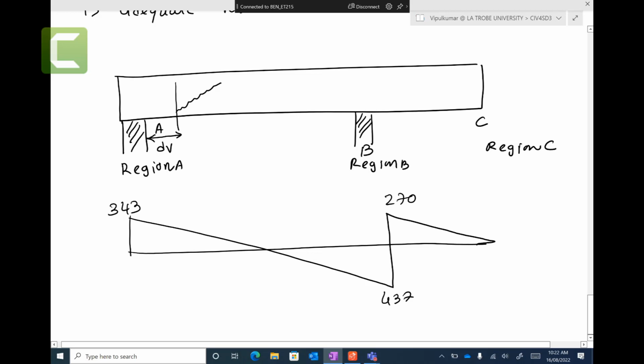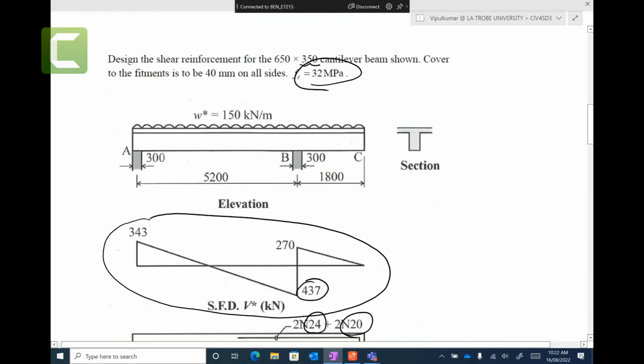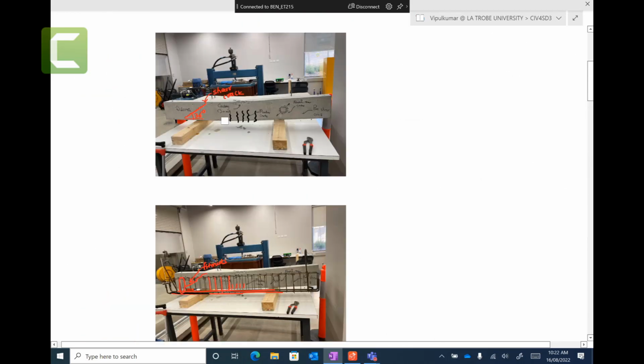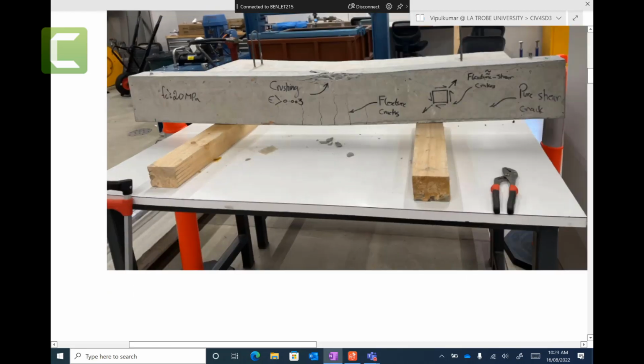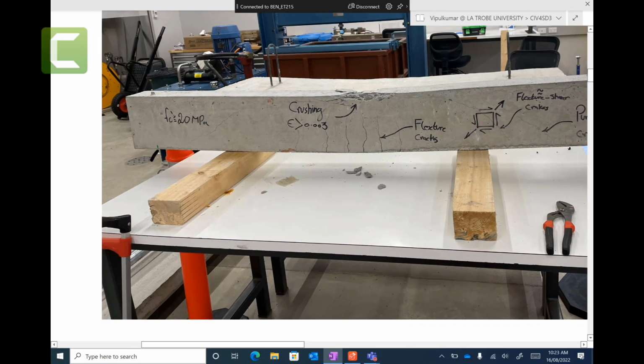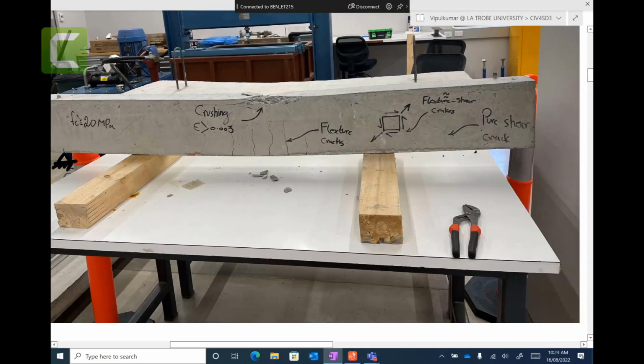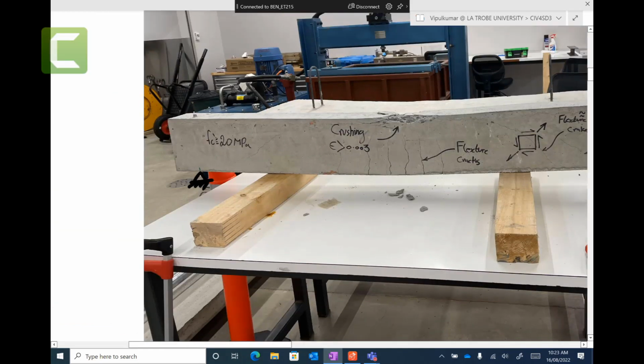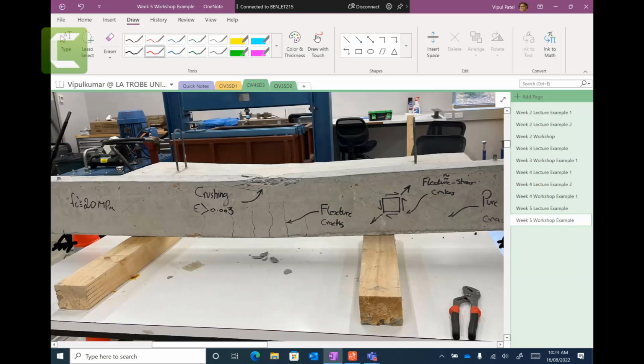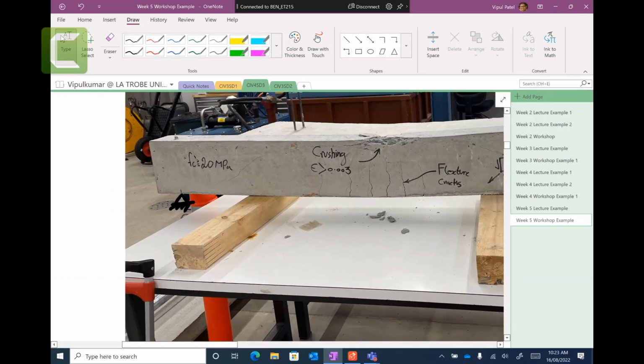And you can clearly see this in our experiments as well. We conduct this experiment, by the way, in our lab. This is a support, by the way. Here we put the supports. And there is a mark here somewhere that is a support. Now you can clearly see that from these supports, your crack is starting here.